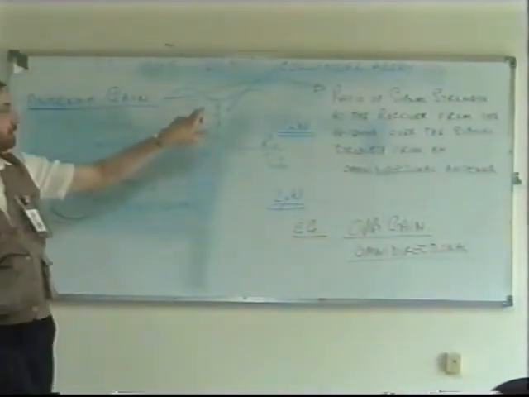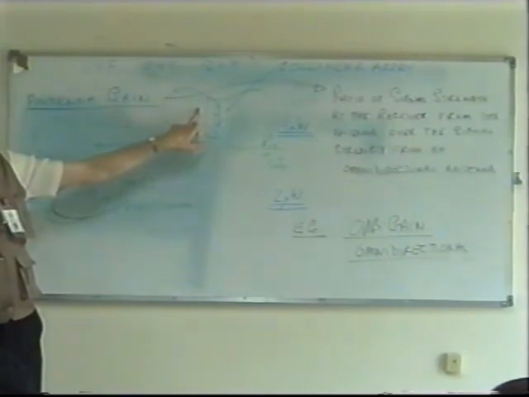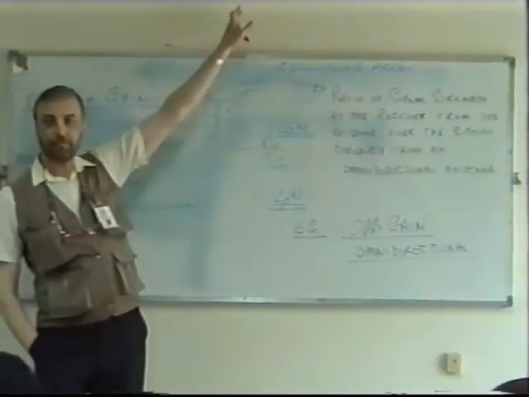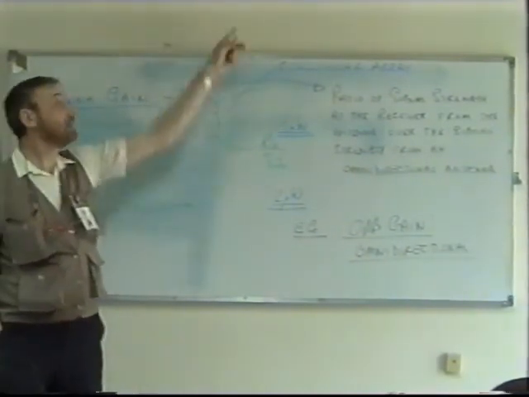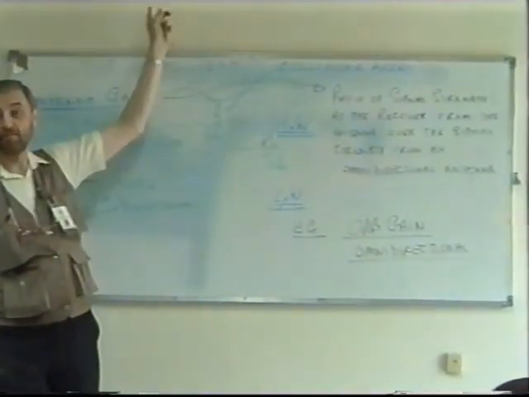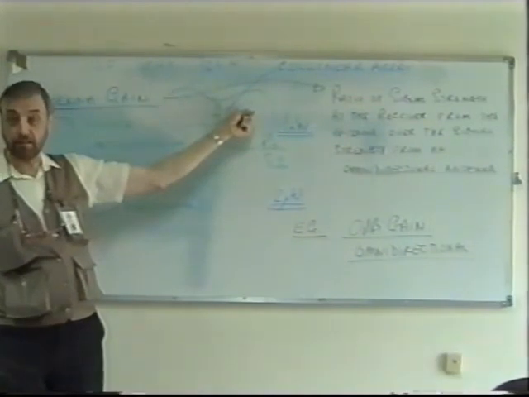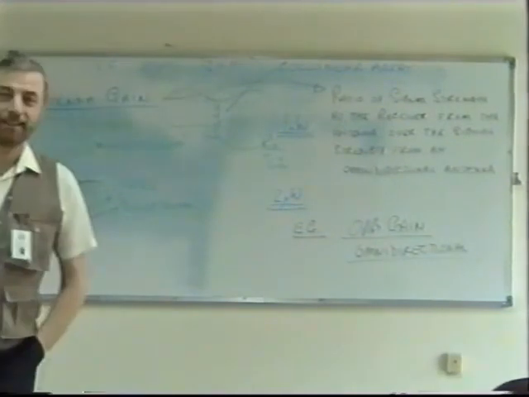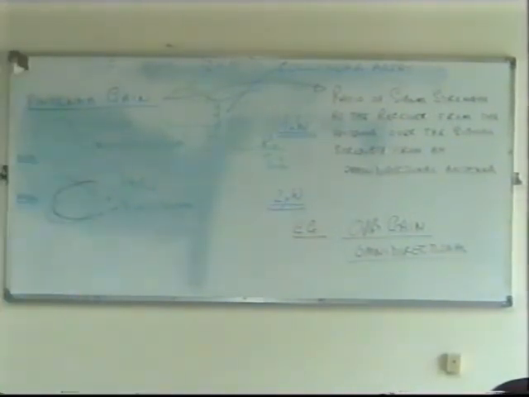This array would not be very good for communicating with aircraft, because communicating with aircraft we need radiation upward as well. So it wouldn't be very good for aircraft, but it would be good for communicating with people with walkie-talkies and vehicles around the airport. Can we use a collinear array for aircraft?